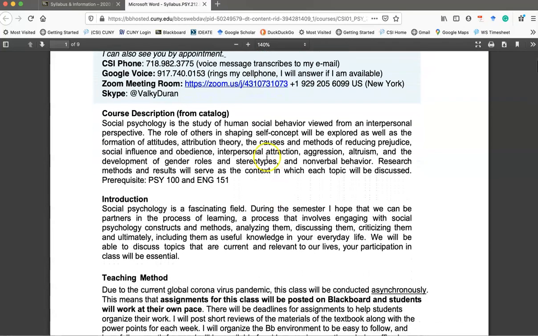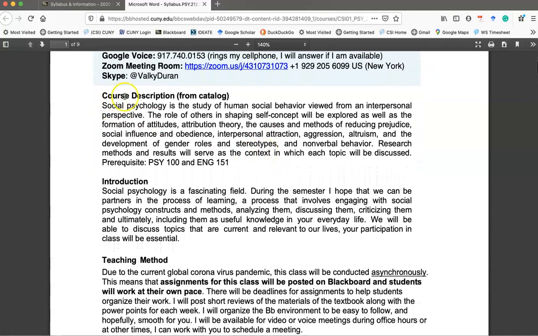All right, so this is the course description from the catalog. All the professors are required to put it on their syllabus, so I'm going to read it. Social psychology is the study of human social behavior viewed from an interpersonal perspective.